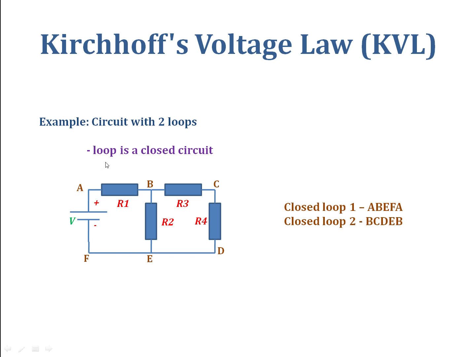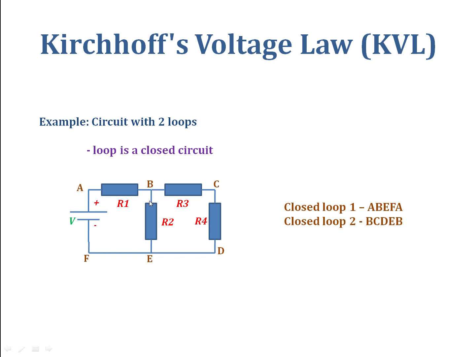A loop refers to a closed circuit, as we all know. So a path starting from point A to B, E, F and A is a closed path. So this is a loop, and the second one can be starting from B to C, D, E and B. So this can be a second loop.